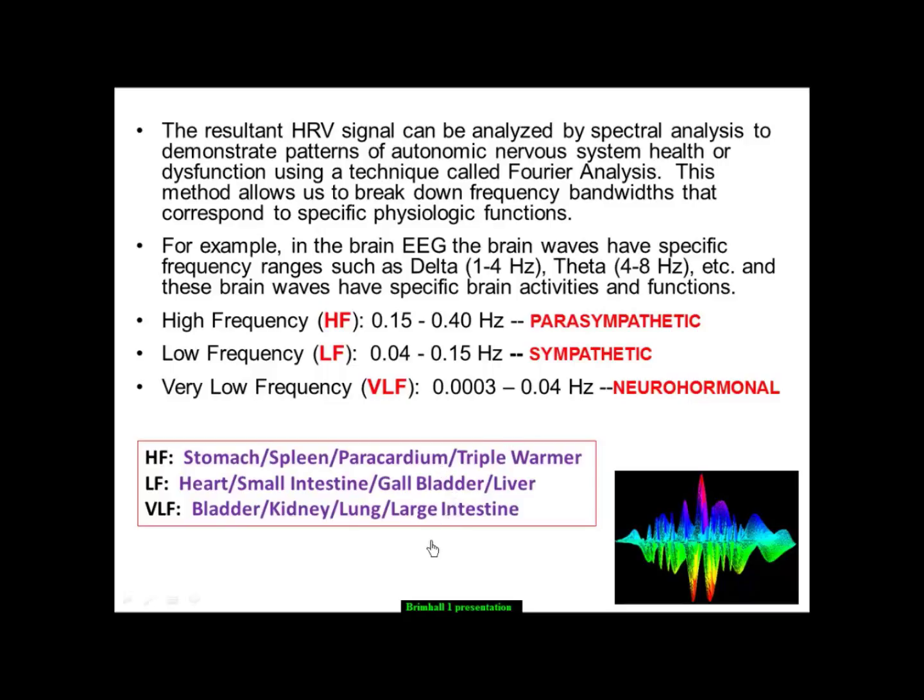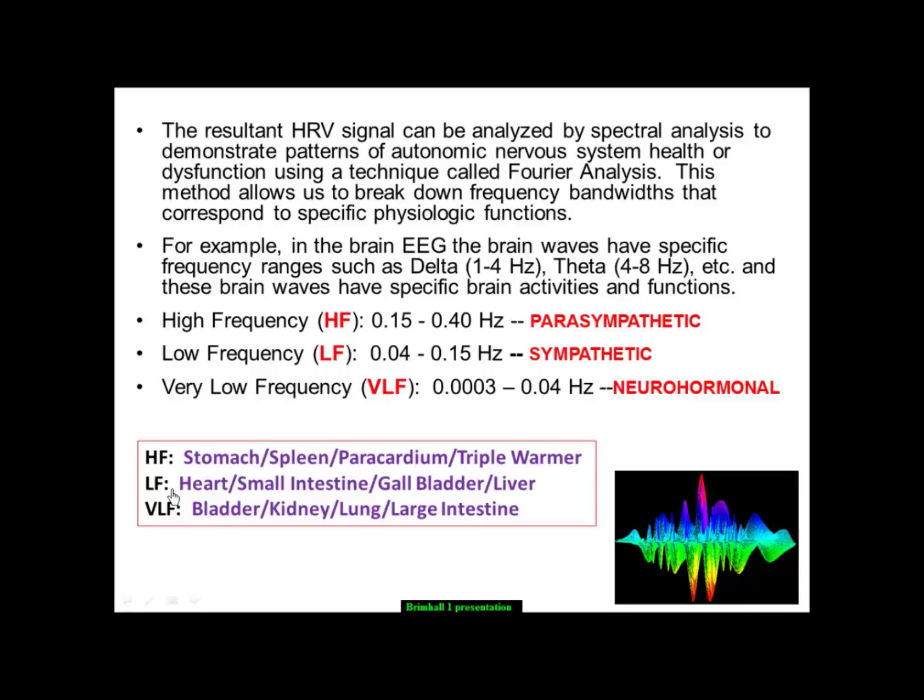What is amazing, and we're not going to go into too much depth on that today because it's a whole topic in itself, is we're able to look very specifically at what's going on with Chinese medicine and the meridians and the elements in Chinese medicine. So we can see within high frequency ranges the stomach, the spleen, the pericardium, and the triple warmer.